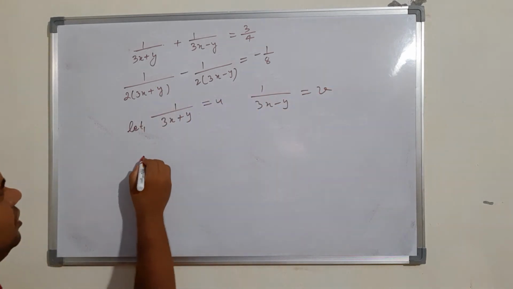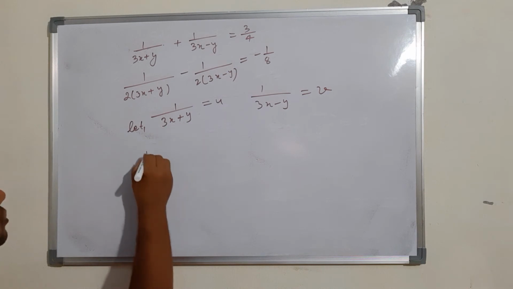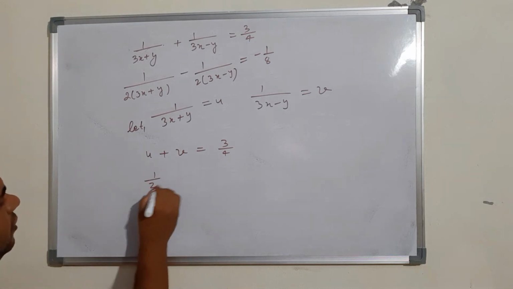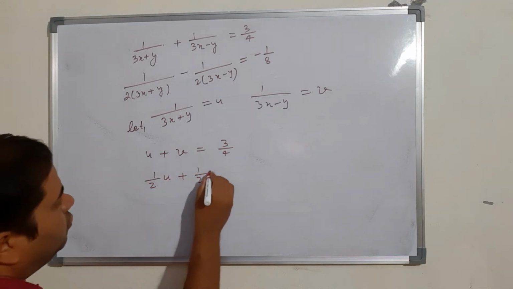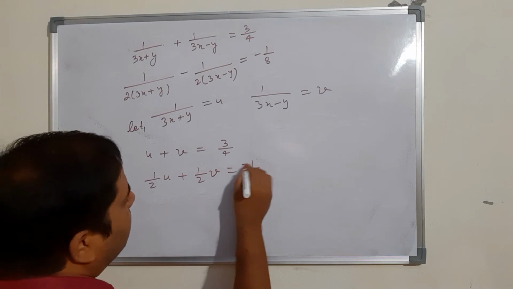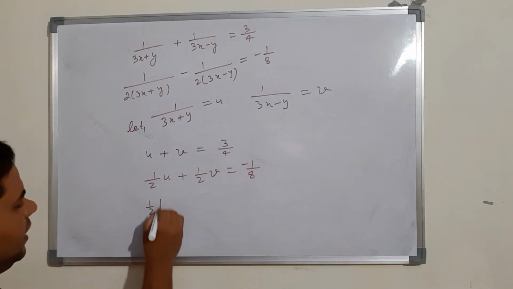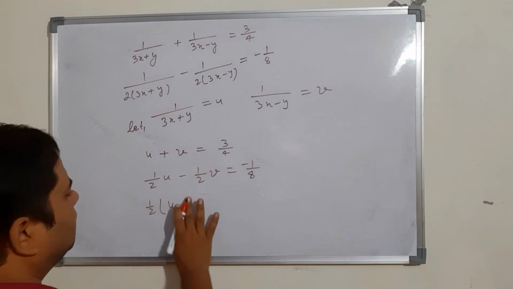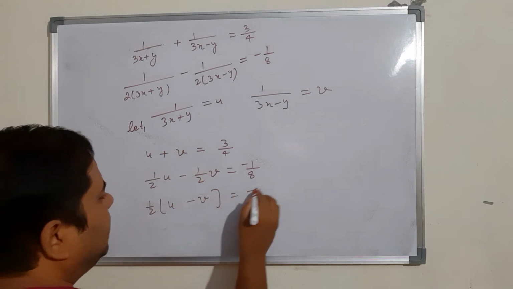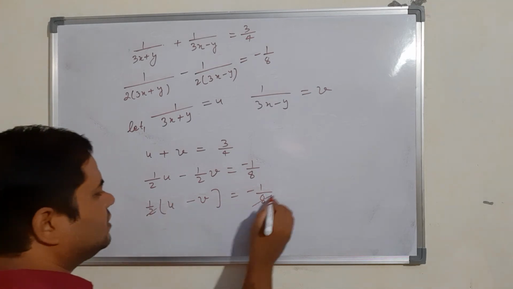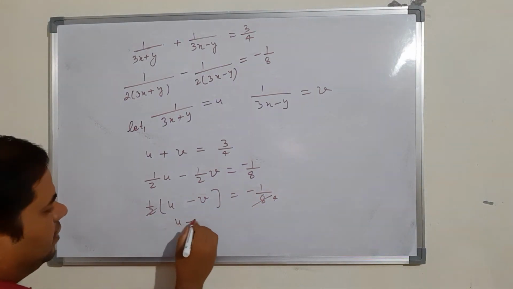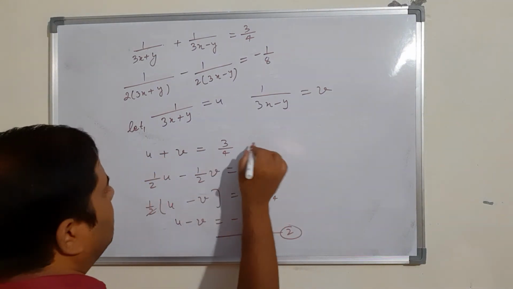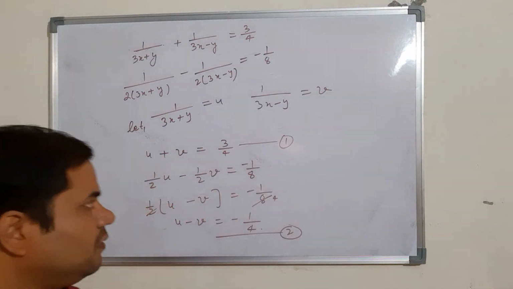So equations are reduced. u plus v is equal to 3 by 4, and 1 upon 2u minus 1 upon 2v is equal to minus 1 by 8. 1 by 2 taken as common, u minus v is equal to minus 1 upon 8. So 2 is cancelled out by 8. So u minus v is equal to minus 1 by 4. This is equation number 2, and this is supposed to be equation number 1.